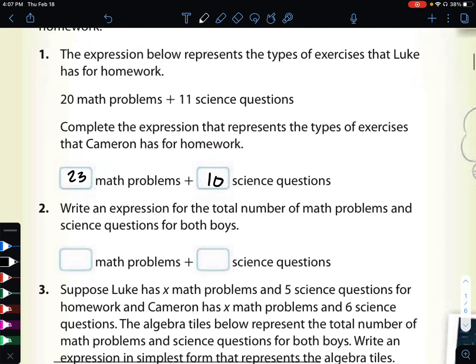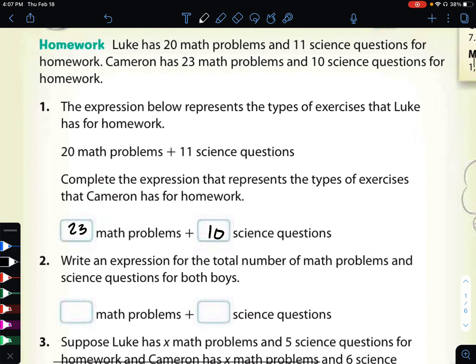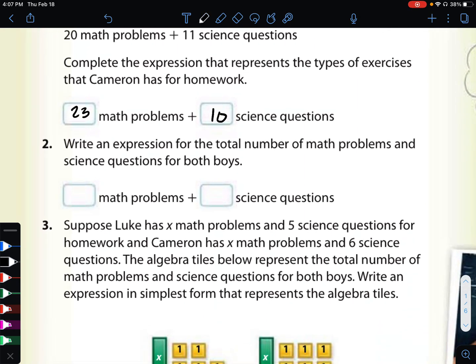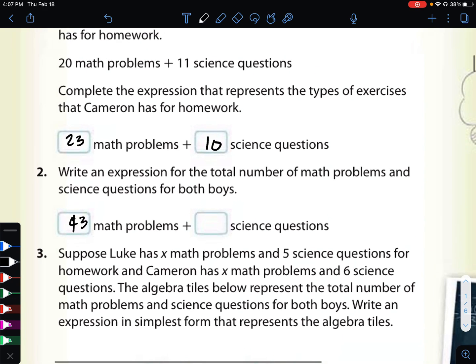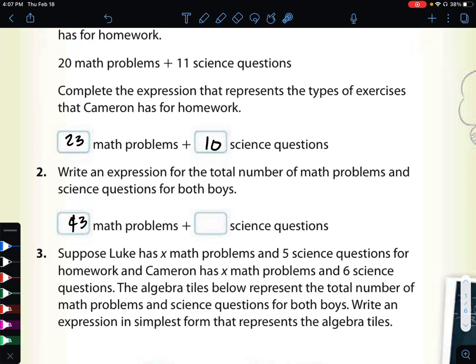Luke has 20 and Cameron has 23, therefore the total math problems will be 43, 20 plus 23. For science, Luke has 11 and Cameron has 10, so the total will be 21 science questions.